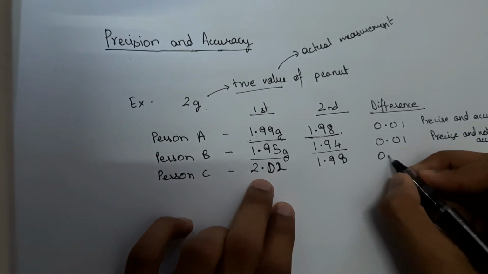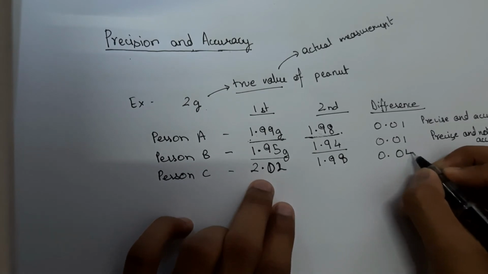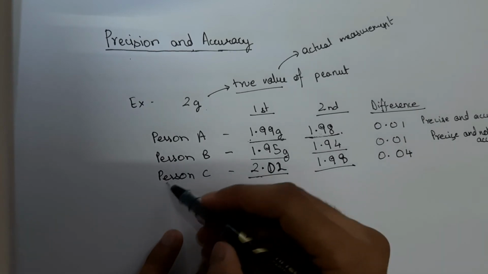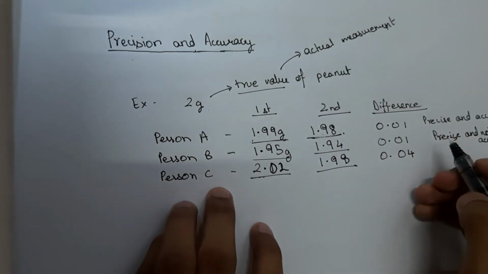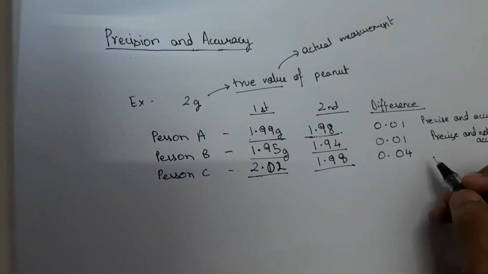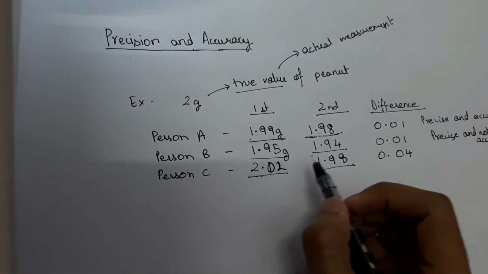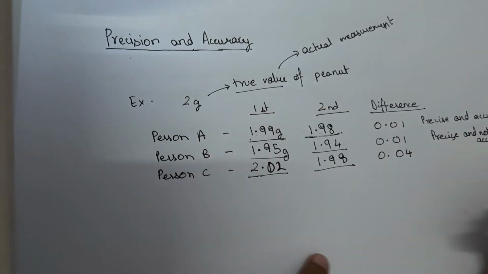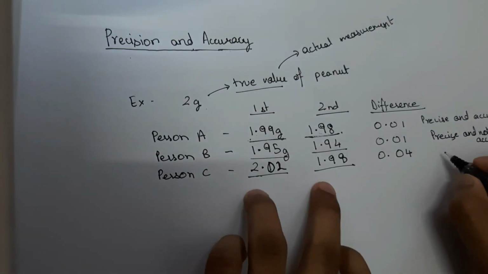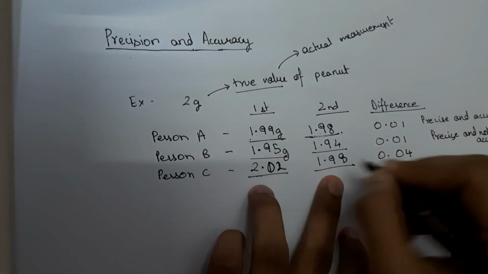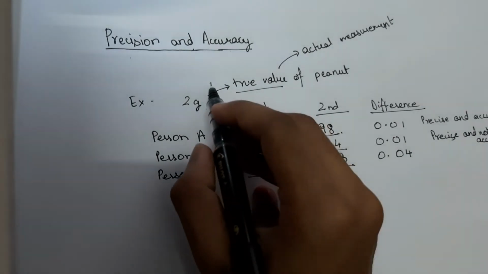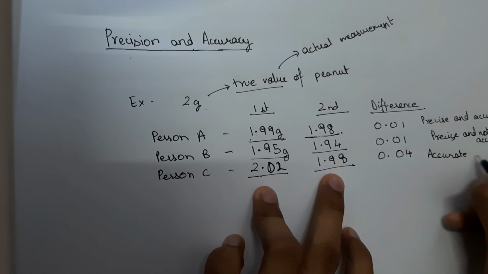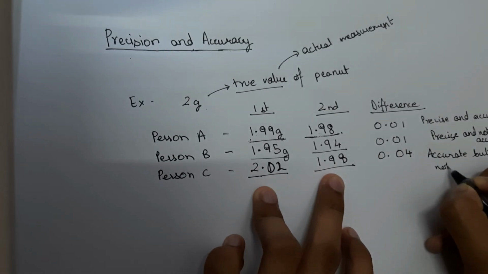Their difference will be 0.04. That's the difference between the measured values of what person C has measured the peanut for. And we can see that both these values are very close to the true value of the peanut. So we can say that the two measurements person C has taken for the peanut are accurate but not precise.